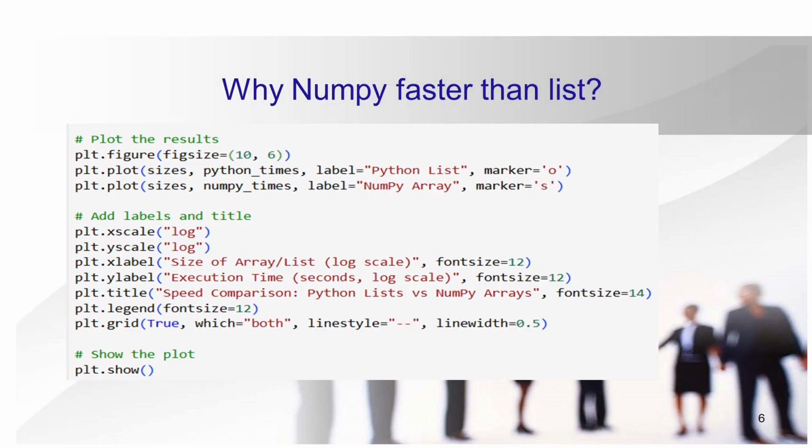Now let us analyze how Numpy is faster than the Python list with a small code. Here we have one plot for a Python list and one for a Numpy array, where the x-axis is the size of the array and list, on a logarithmic scale, and the y-axis is the execution time.